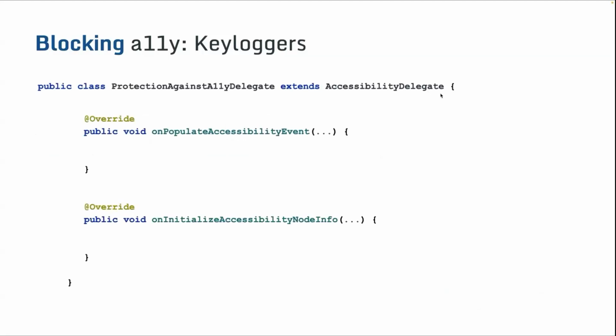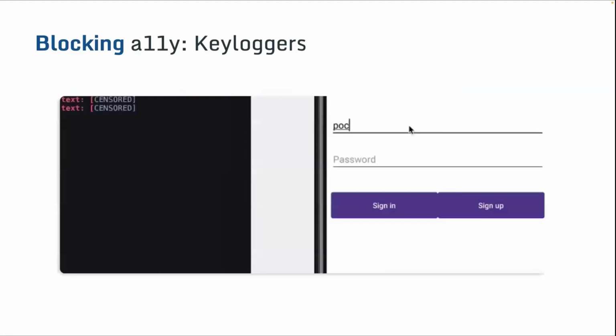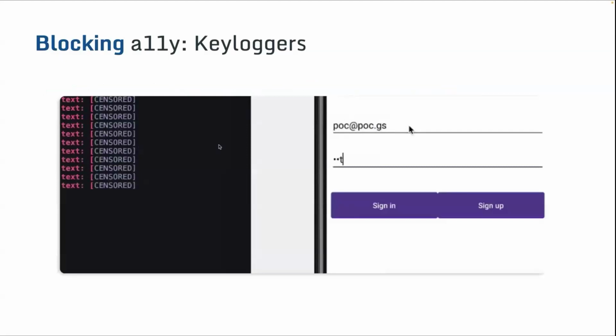And inside, what we have to do is just remove any text. And as a result, no text will go outside. Okay, let's see what happens. The user is typing, and this is all the malware gets.